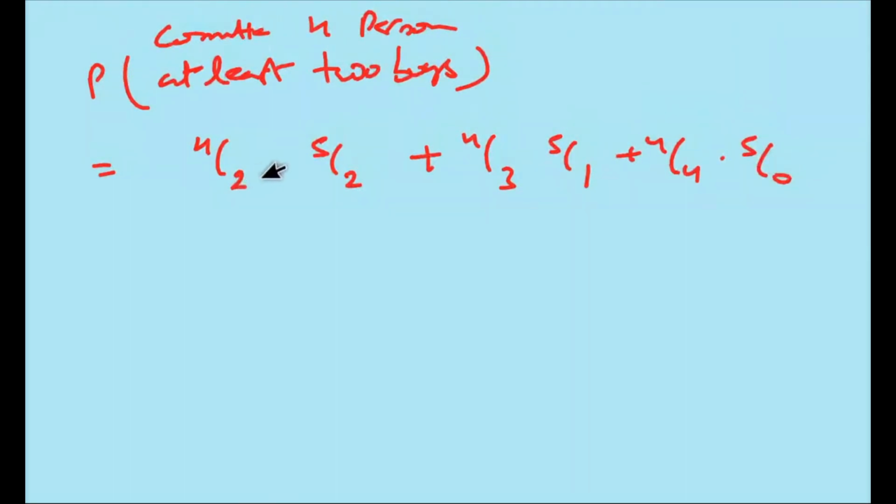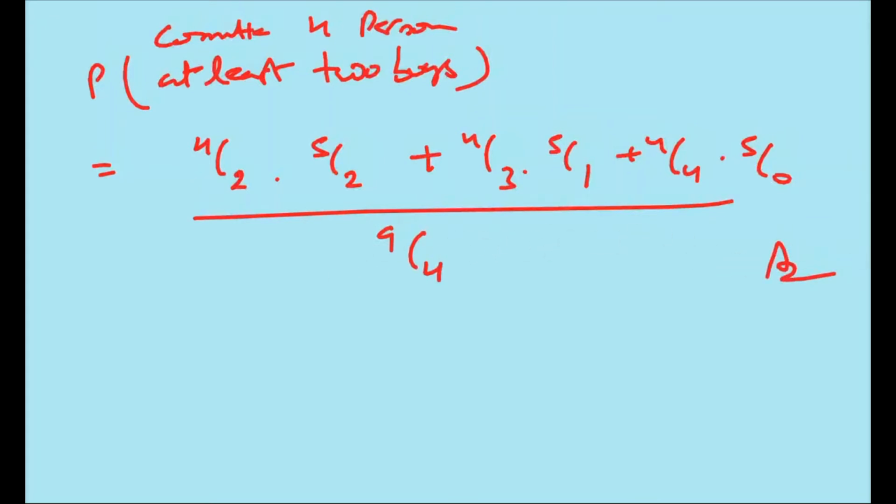This way you use the formula of AND and OR, and in total you have to select 4 members from 9. Now you can continue and solve this, and then this will be your answer.